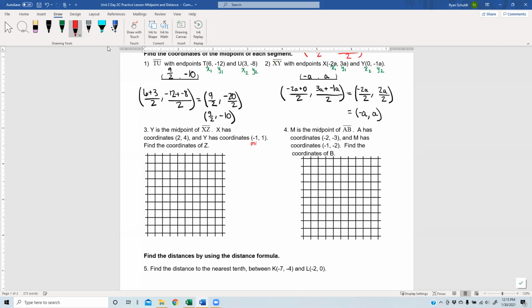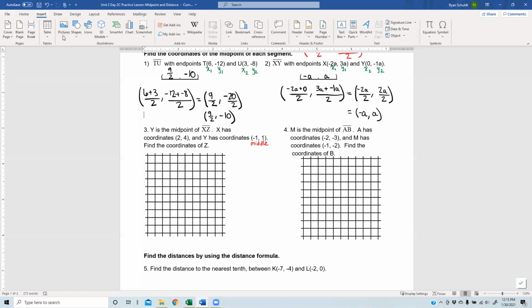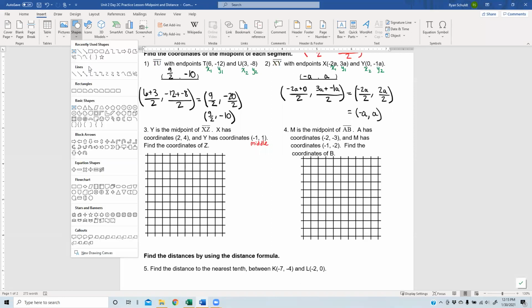This is our middle. So if I draw a quick coordinate plane in here, I'll actually do this with arrows because I can.